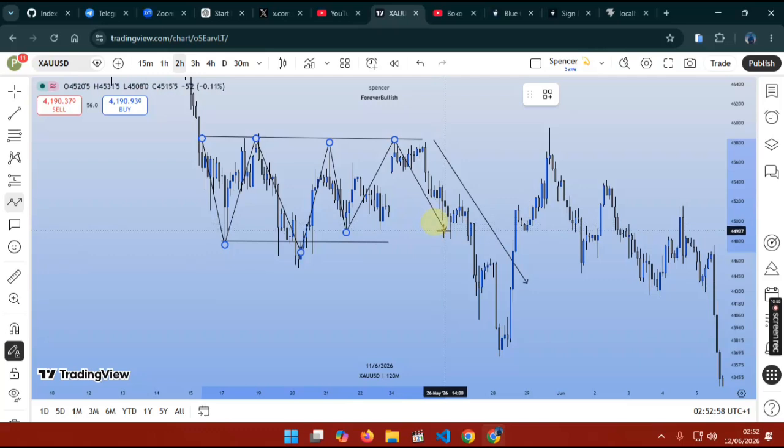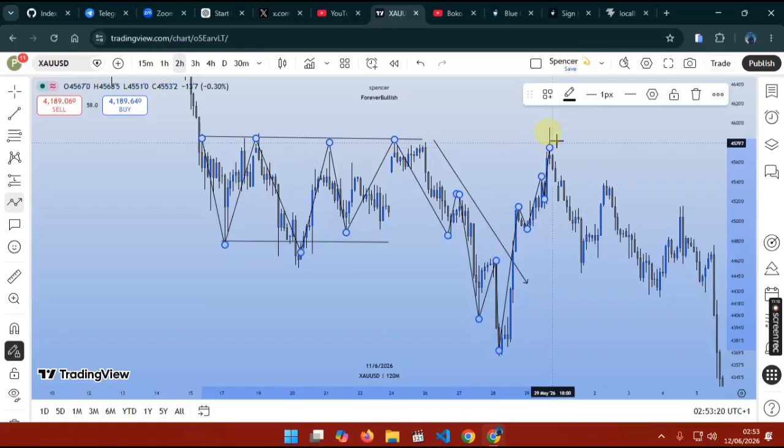Then it started giving us an impulsive sell, correctional buy, impulsive sell, correctional buy, impulsive sell, then impulsive buy, correctional sell, impulsive buy, correctional sell, impulsive buy. So you can see that there's no fixed way that this market moves.